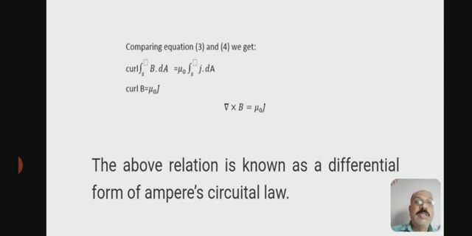So we get the integral over the surface of curl B dot dA is equal to mu naught times the integral over S of J dot dA, or curl of B is equal to mu naught J, that is del cross B is equal to mu naught J, and this relation is known as the differential form of Ampere's circuital law.